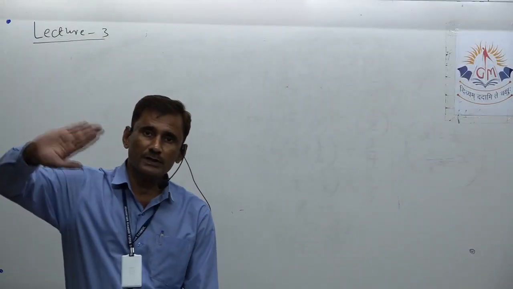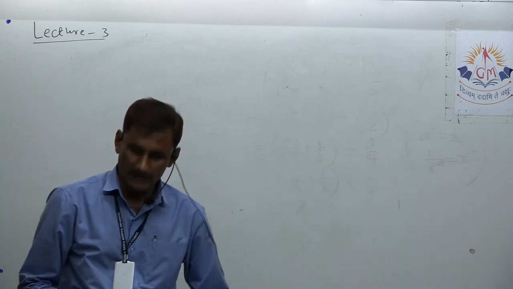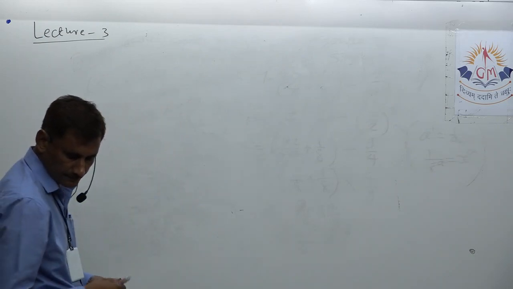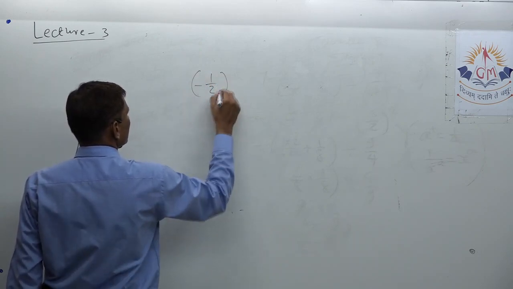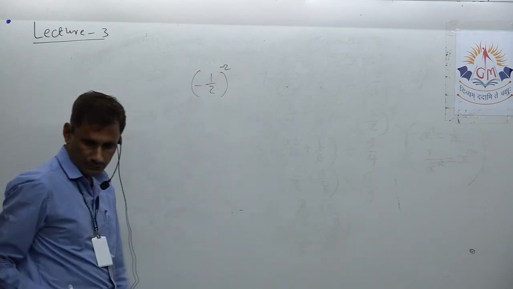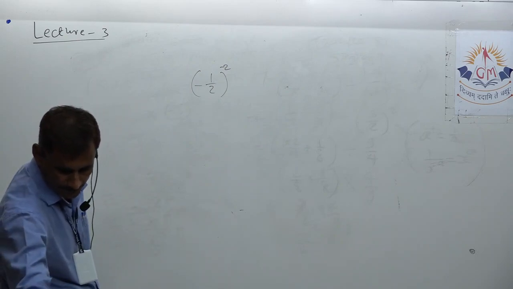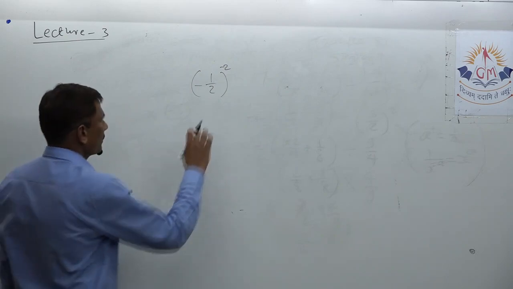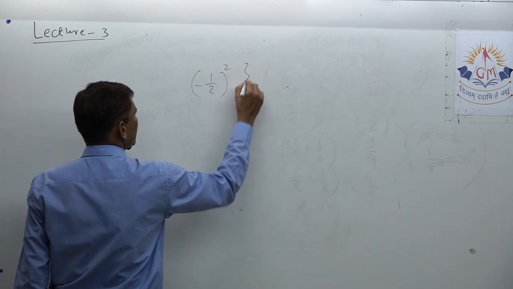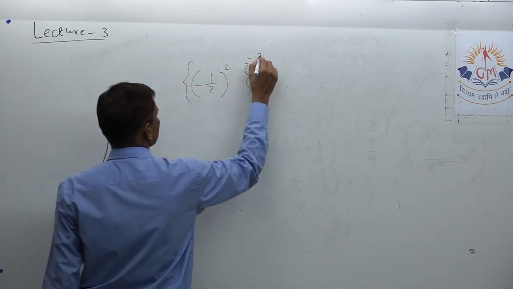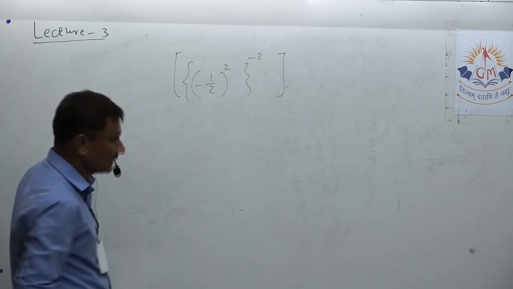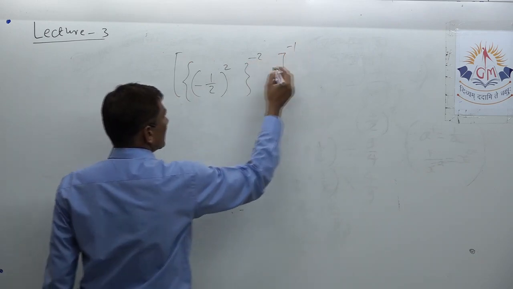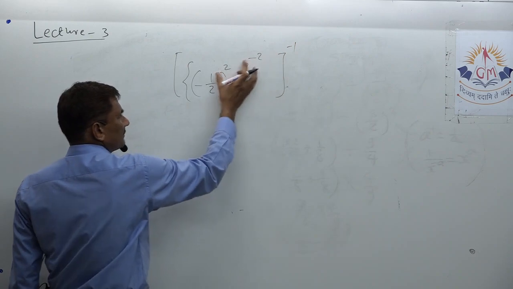Okay, so many degrees are there, so you can multiply them. So minus 1 by 2 raised to 2, then raised to minus 2, then raised to minus 1. Okay, so now you just open this way.